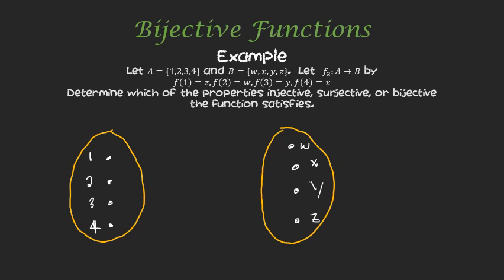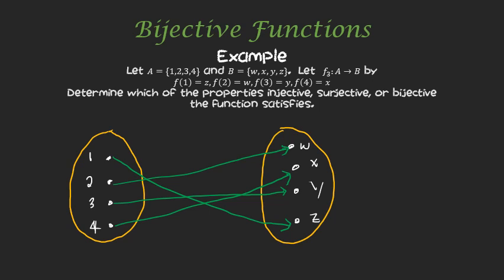All right, let's graph our function. 1 goes to Z. 2 goes to W. 3 goes to Y. And 4 goes to X. So, okay, what properties does it possess? Well, is it injective?